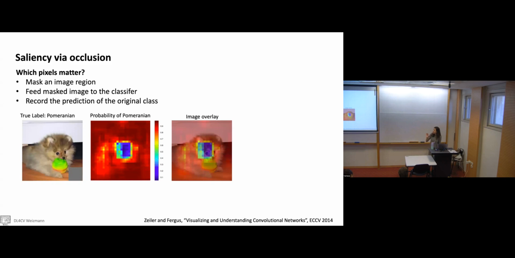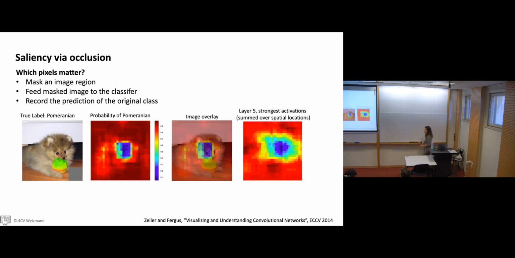And here you can see the overlay of this probability map on top of the image. And we can also do it not just for the probability map, we can also grab from the neural network some channel or feature map that was mostly activated by this image. So for example, detect that layer 5 channel X was activating really strongly on this image.